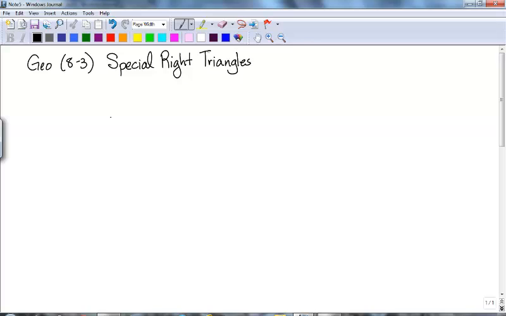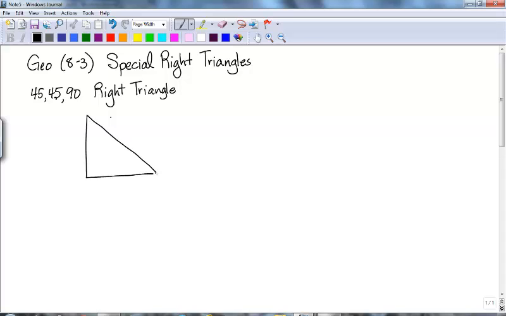Okay, there are two special cases of right triangles that we're going to look at in here. And one is a 45, 45, 90 right triangle. Okay, the standard labels in trig that we use, since these two angles are the same, the side opposites would be the same.